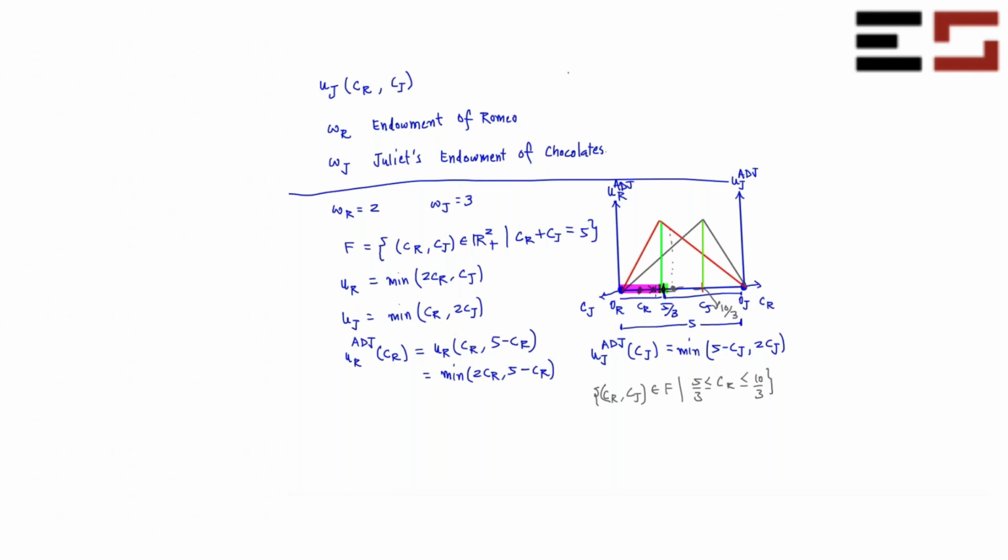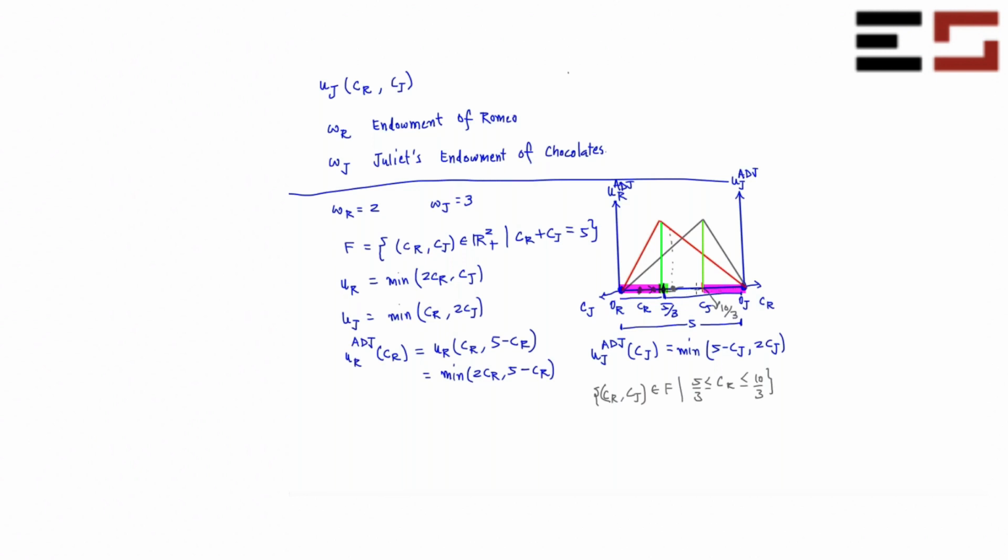So both would want Romeo to consume more, because Romeo is consuming way too less. So clearly, if you take some chocolates from Juliet and give it to Romeo, both will be better off. Is that okay? Similarly, you can do the same thing here. Just by using this kind of story, you can figure out that these allocations are also not efficient.